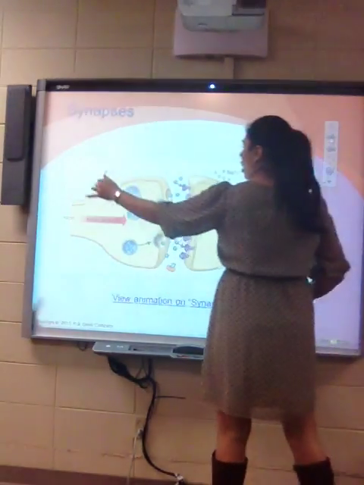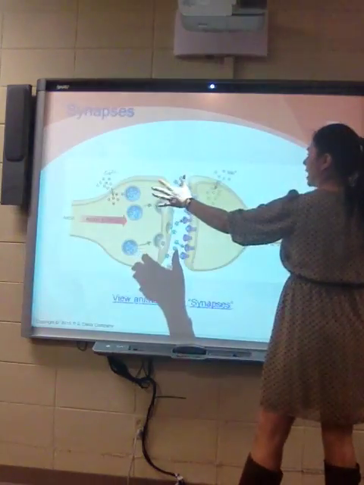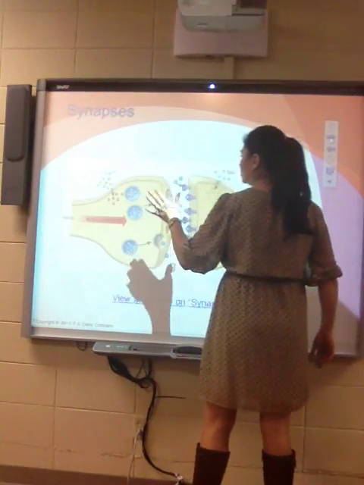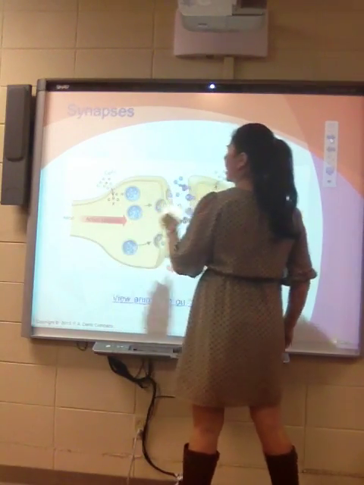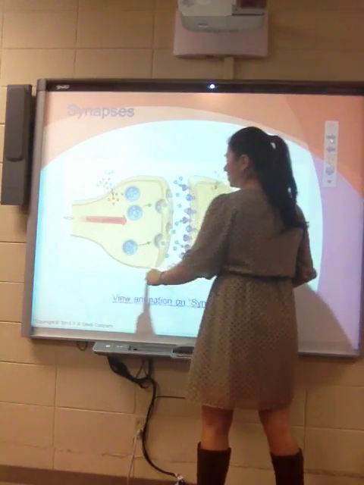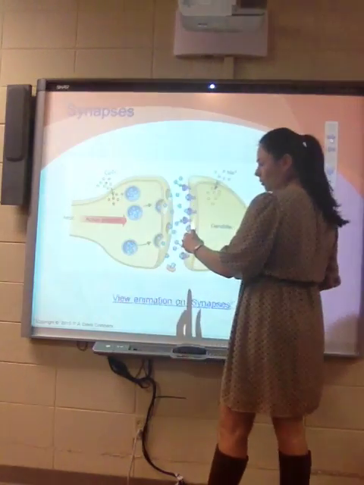So with this neuron, we had that action potential, or that nerve impulse, come down, and it causes calcium to flood inside that, and this would be one synaptic knob or axon terminal.